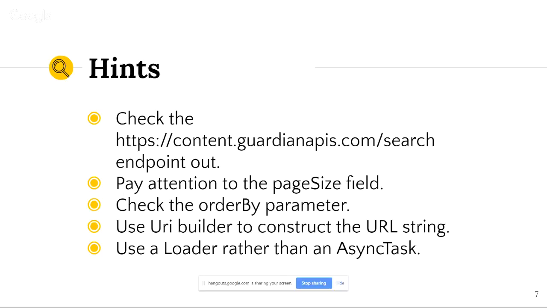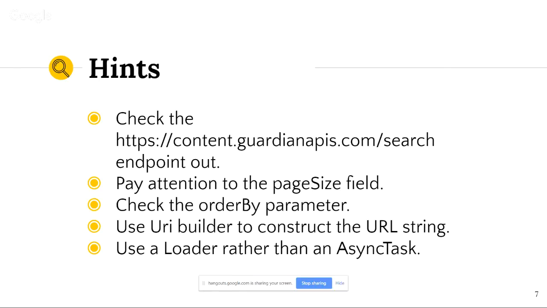So my recommendation is to pay attention to the page size, okay? And also check the order by parameter. You can make requests more specific by filtering by relevance, newest, or oldest entries using this parameter.